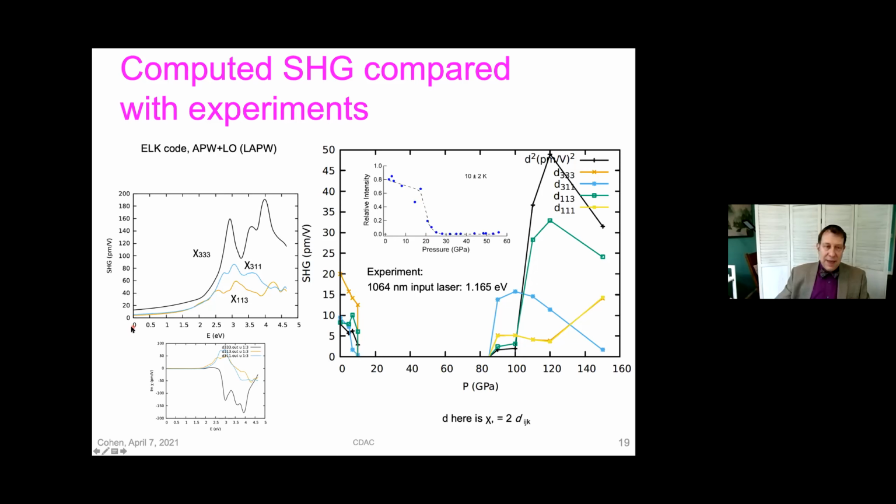When you actually look at the calculated spectrum, it depends on the wavelength, because what you're doing is exciting electrons of a given energy from below the band gap to above the band gap. And so this is the magnitude of the actual nonlinear optic coefficients, depending on the directions of the optical electric field. And we're measuring them at 1064 nanometers, so that's about 1.1 volts.